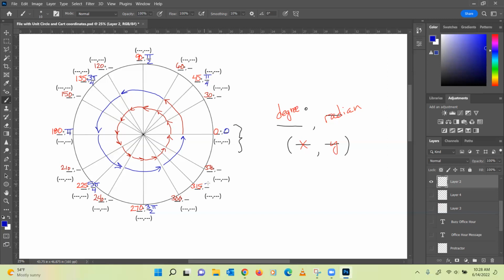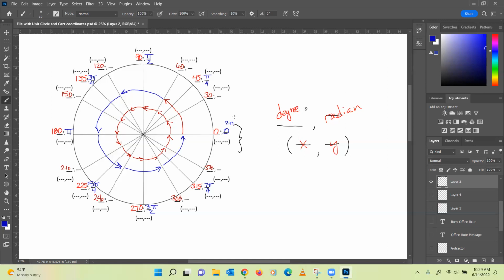And 7 pi over 4 was that bisector in the fourth quadrant. 8 pi over 4 was back up to 2 pi. So remember that 2 pi is also one full circle.